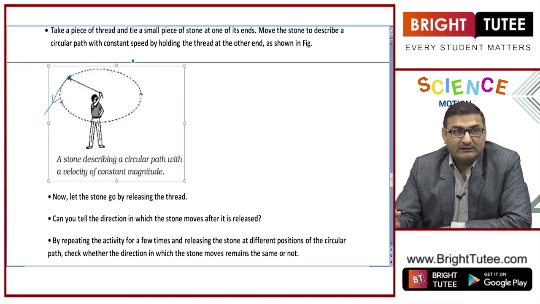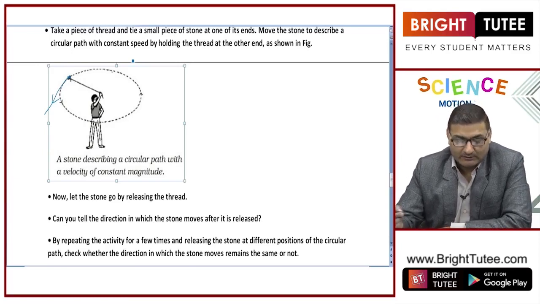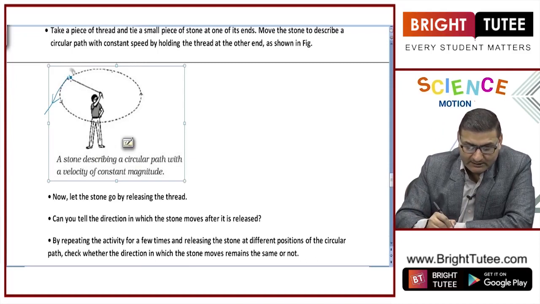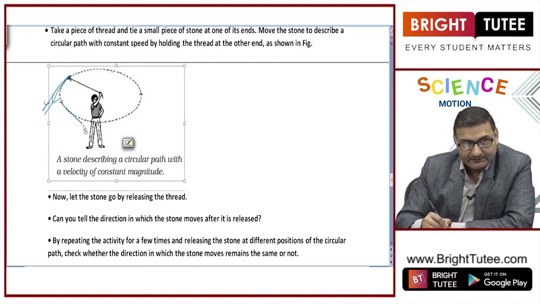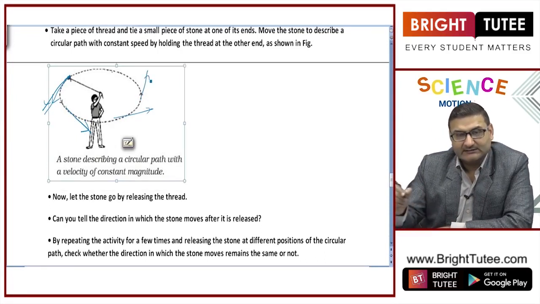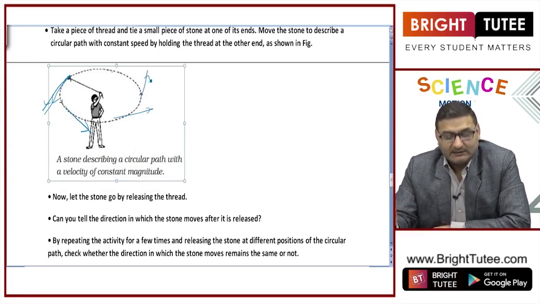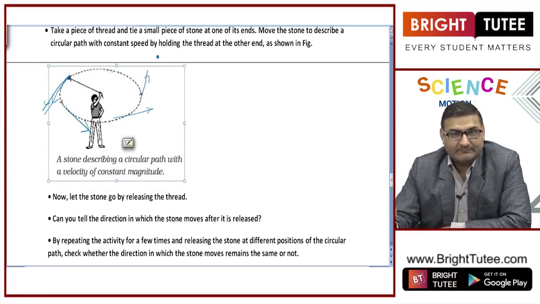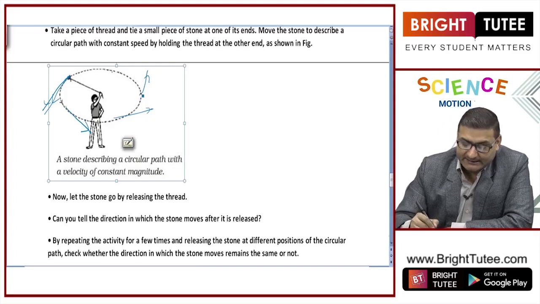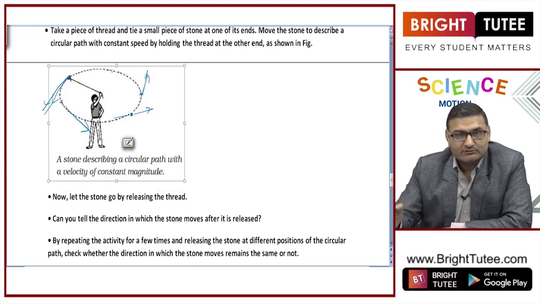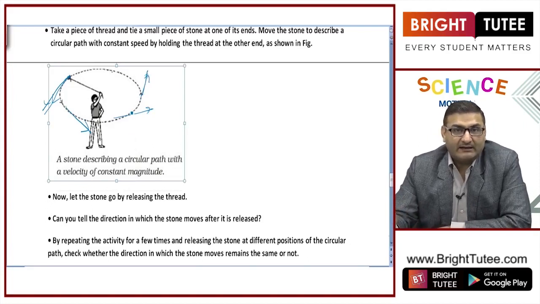No, it won't. But one thing is quite important, that the stone is going to take the path from exactly the point where it is released. From there it is going to go in that direction. Fine.